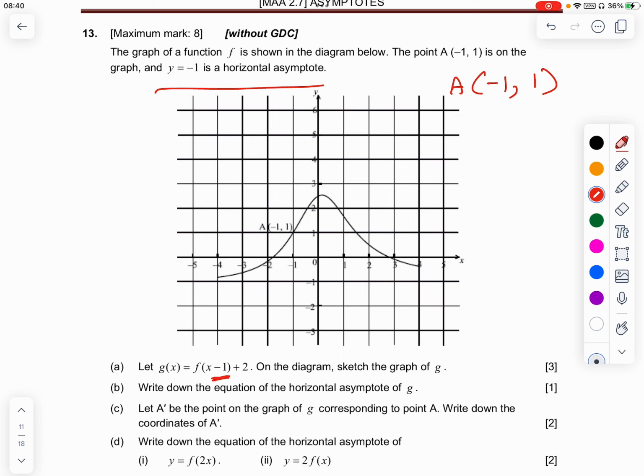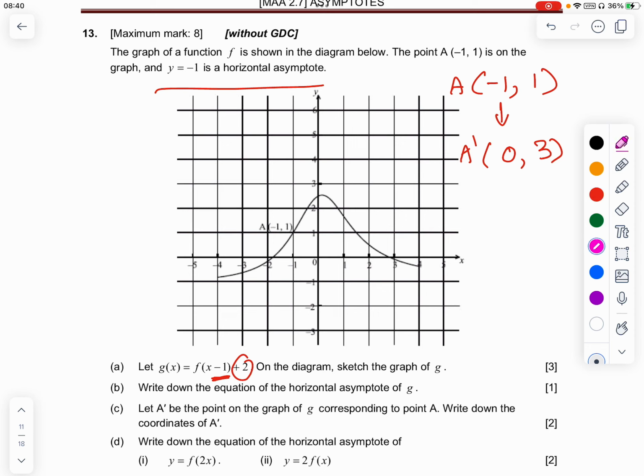Now minus 1 means you should add 1 to this, so A prime will become 0. Plus 2 means add 2 to this. 1 plus 2 is 3. So 0 comma 3 is the point.